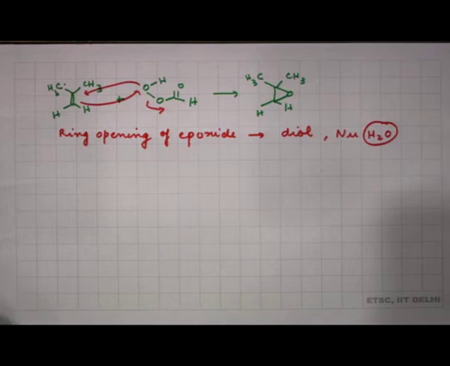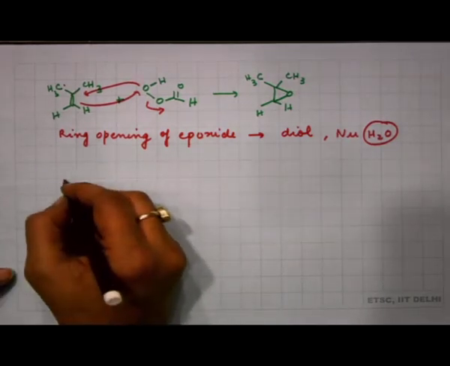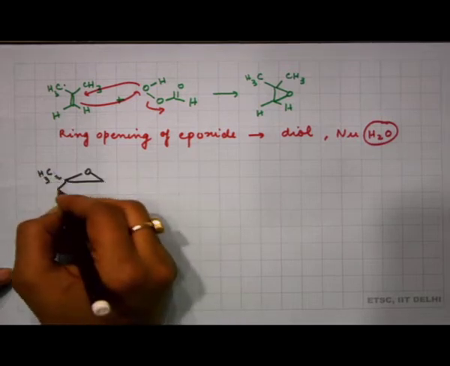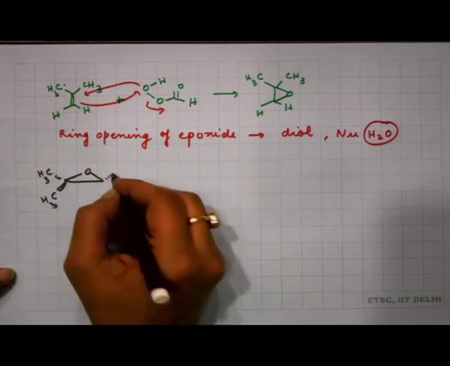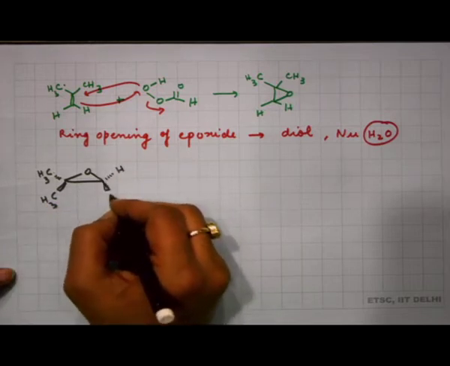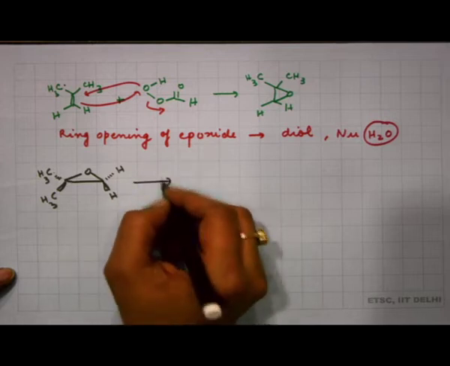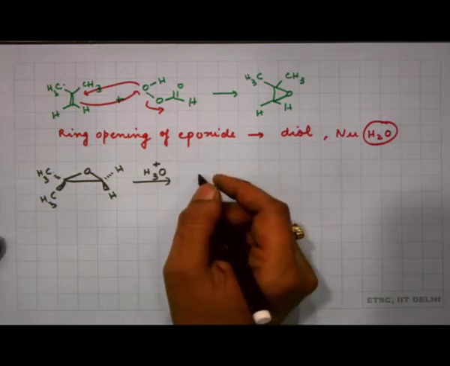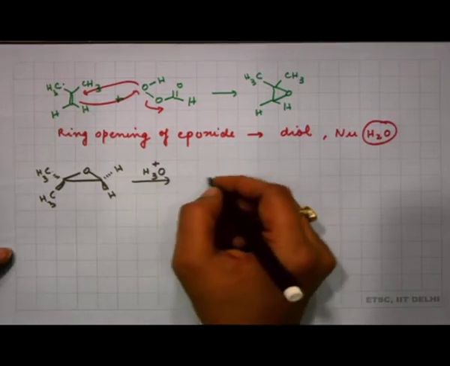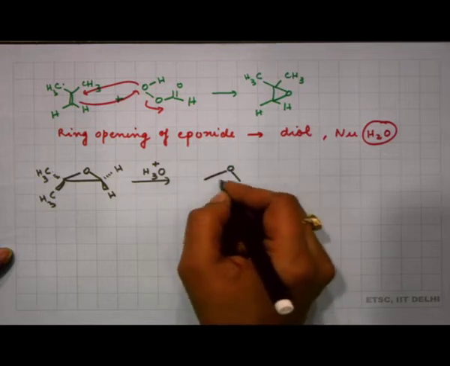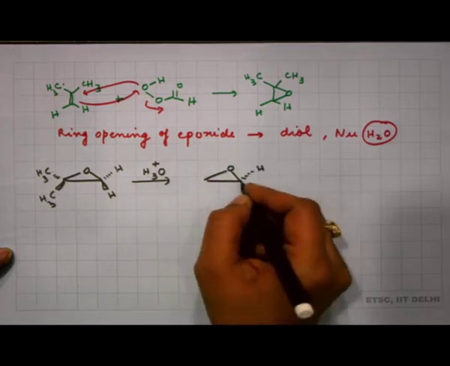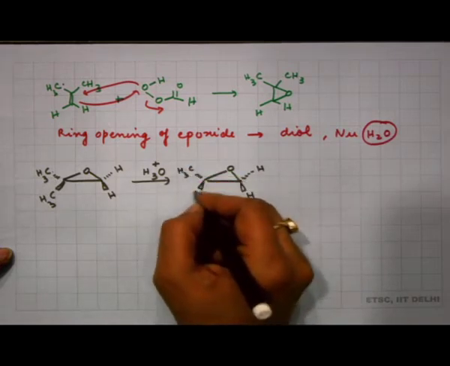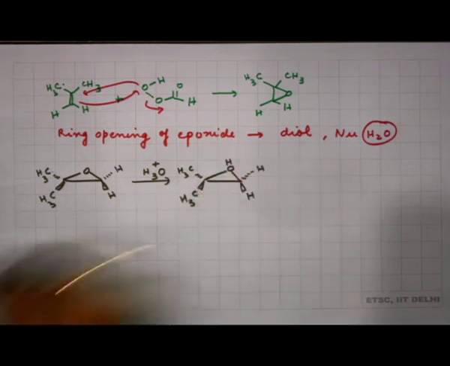So, the general mechanism is that you start with the epoxide and carry out the hydrolysis in the presence of a protic solvent, which is water in this case. So, the first step is the protonation of the epoxide to give you this species in which the oxygen gets protonated.